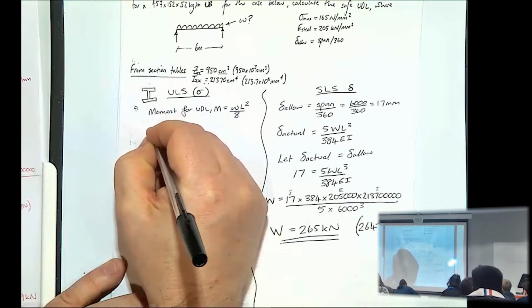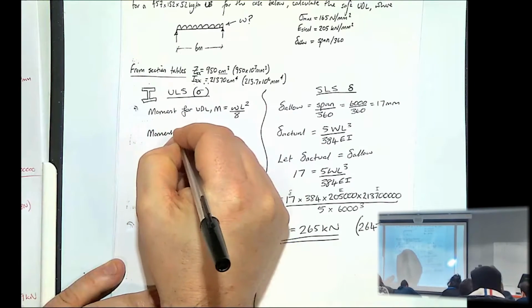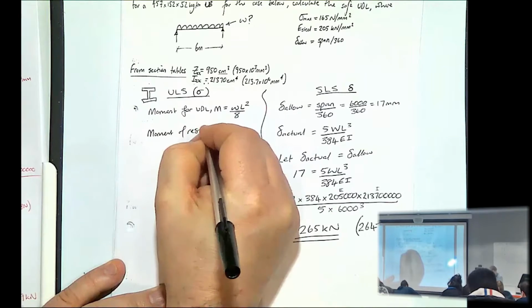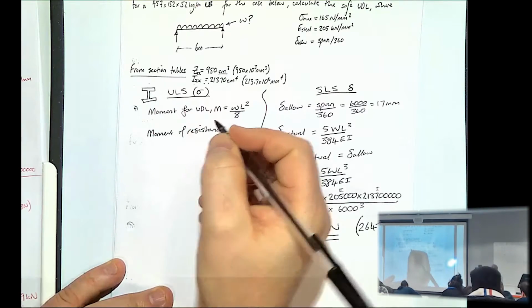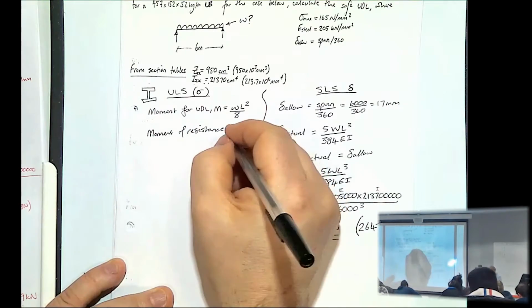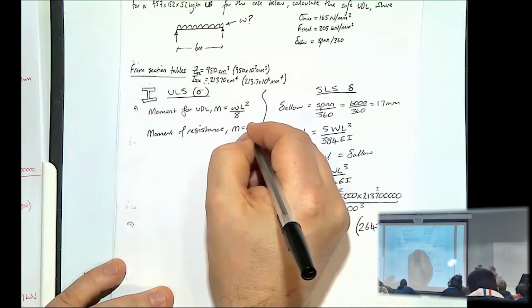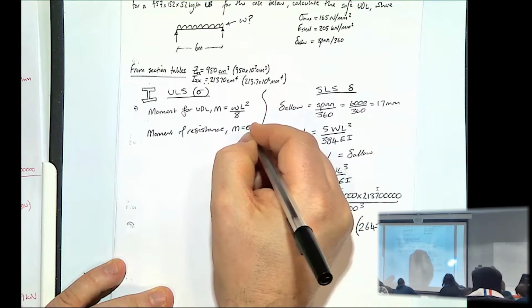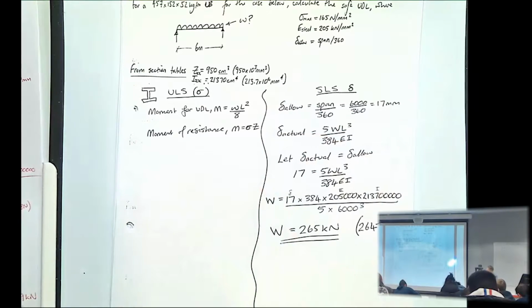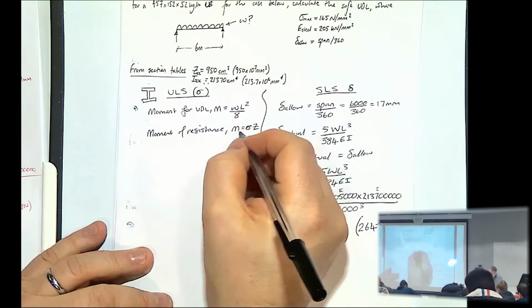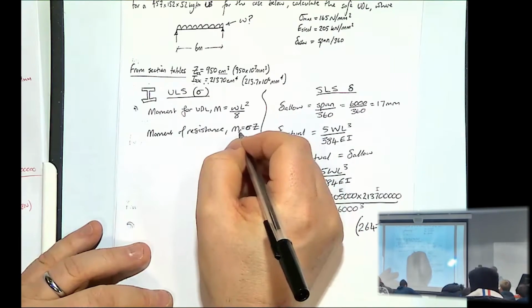Then you've got the moment of resistance of the beam. This is another formula on your exam handout: M equals stress times Z. I think we did this a few weeks back. That's your moment of resistance.